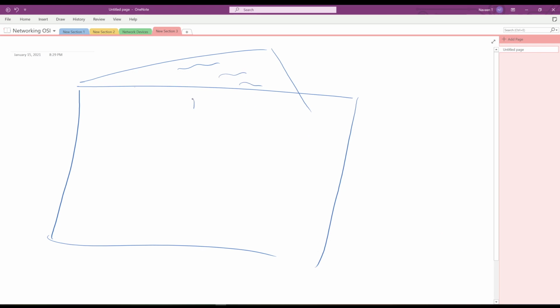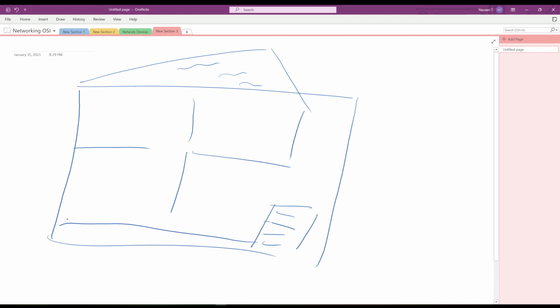There are multiple rooms here. The server room is here, and from here you are sending an RJ45 cable, an Ethernet cable, to a computer here.